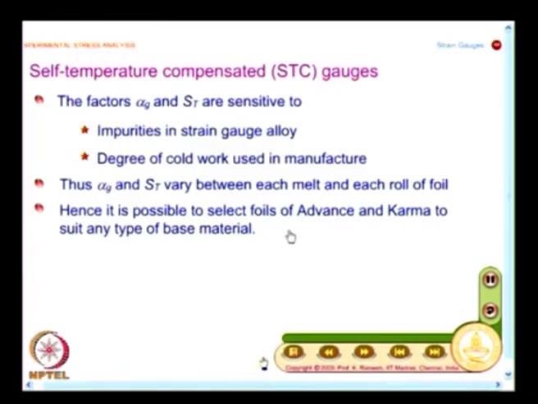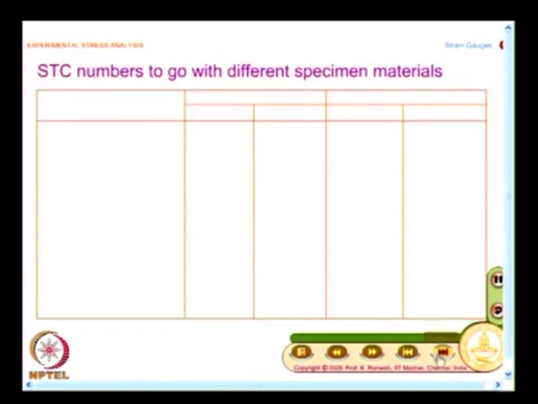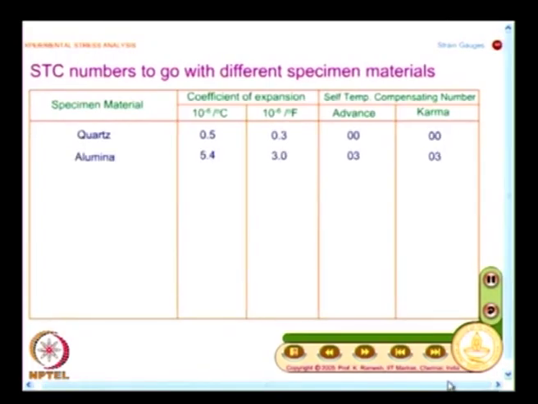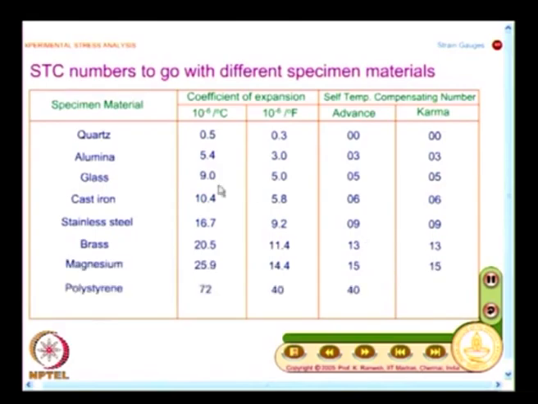So when you are going for self temperature compensated gauges, you look from the metallurgy point of view at the property of each melt and each roll of foil. They also have numbers associated with the gauges. When I say self temperature compensated gauges, they are selected for a given specimen material.